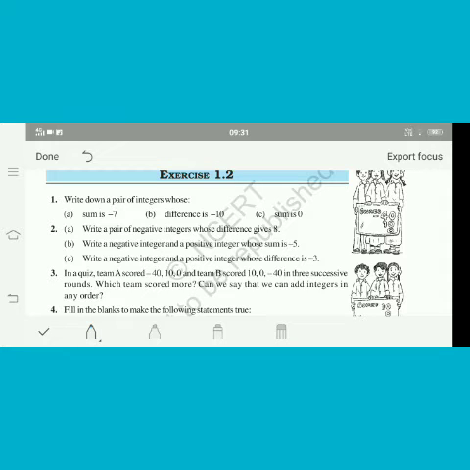Okay, so question number C: write a negative integer and a positive integer whose difference is minus 3. So we have to write a negative integer and a positive integer whose difference is minus 3. So in this case we have to give the minus sign in between.